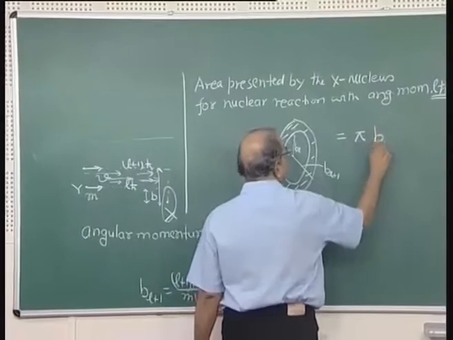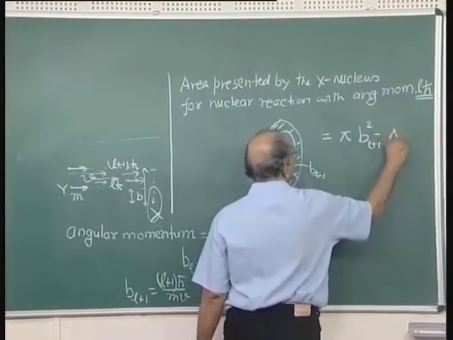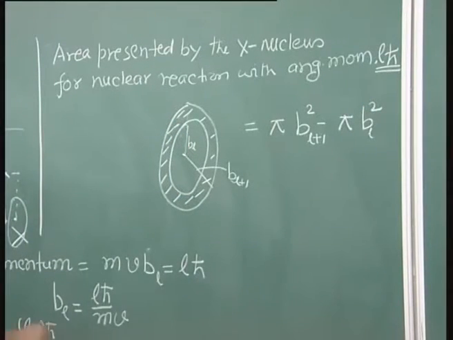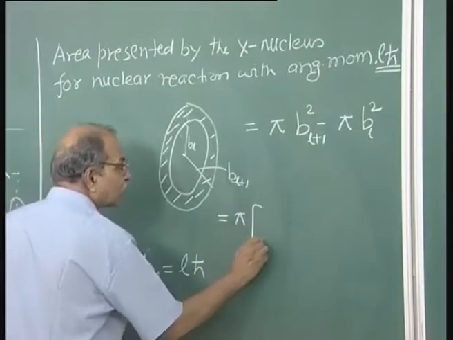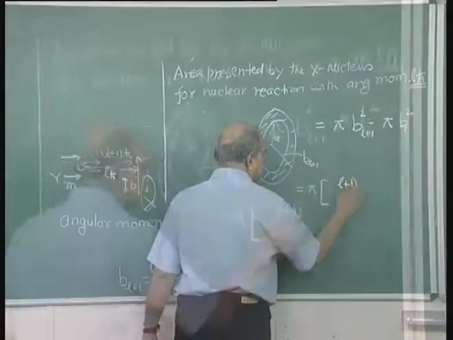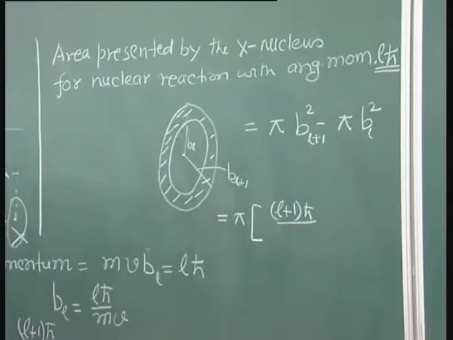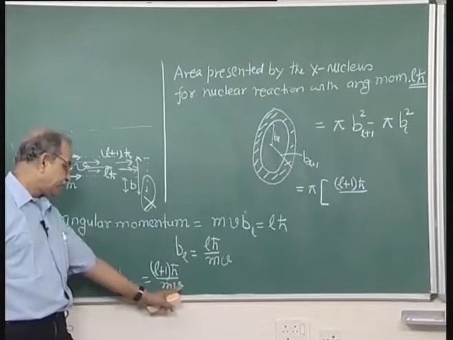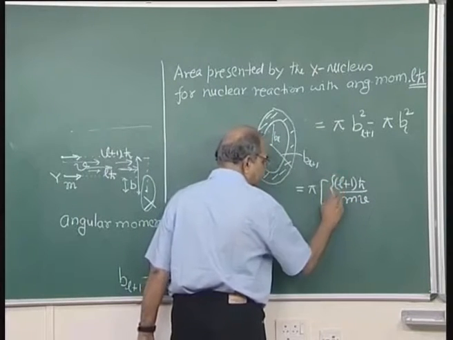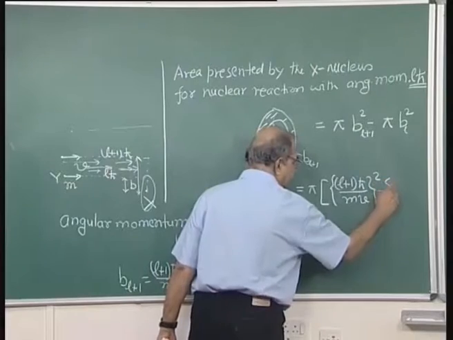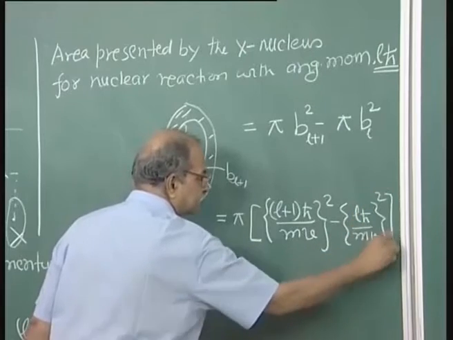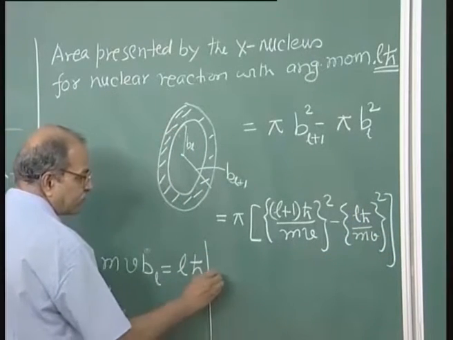pi times B L plus 1 square minus pi times B L square, and that is equal to pi times L plus 1 h cross by m v, mass times that relative velocity. This mass is also the reduced mass. So, this whole square, minus L h cross by m v square. And we can further simplify it.